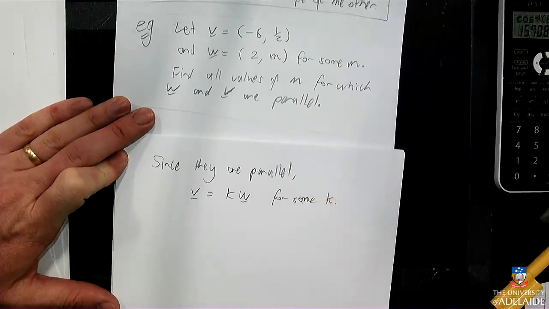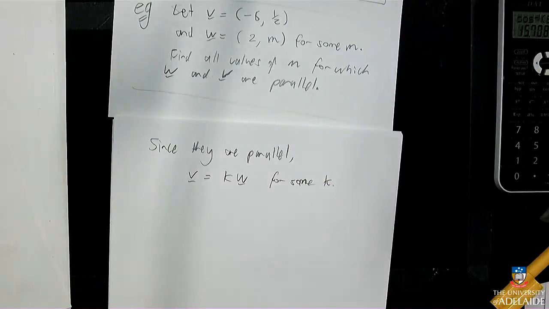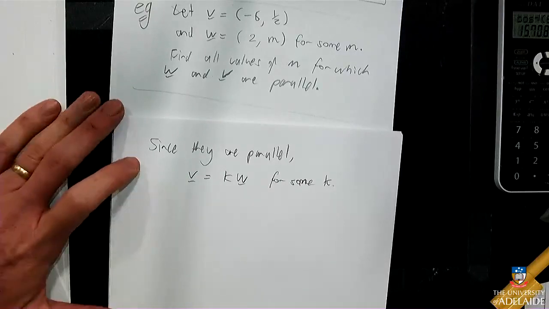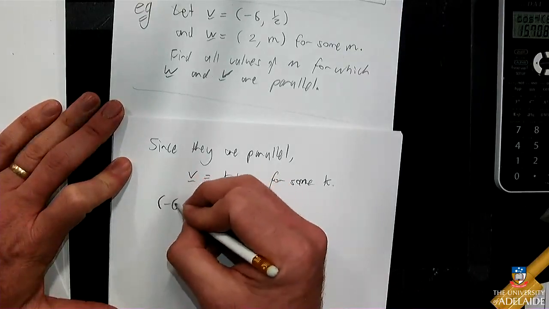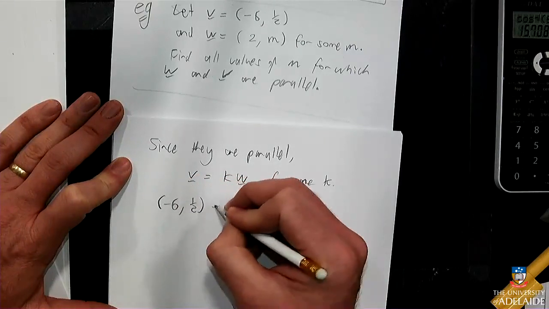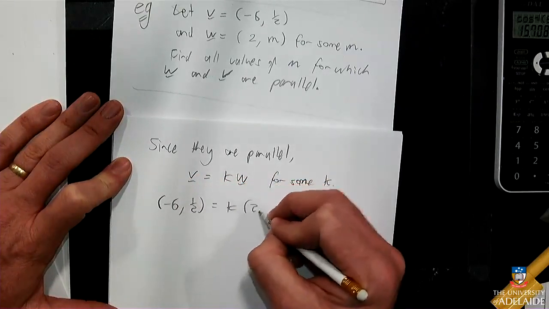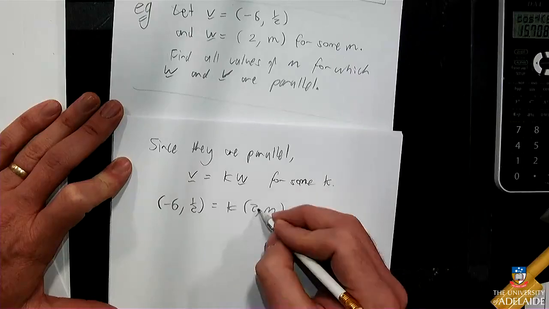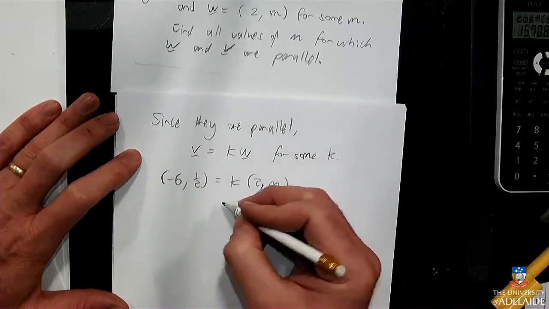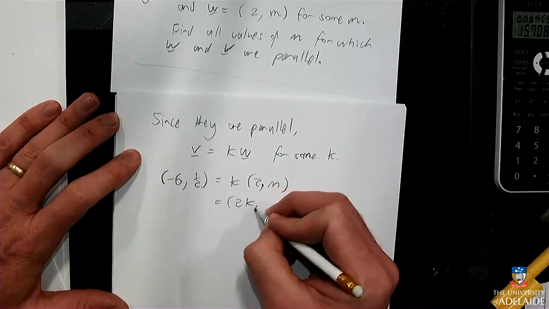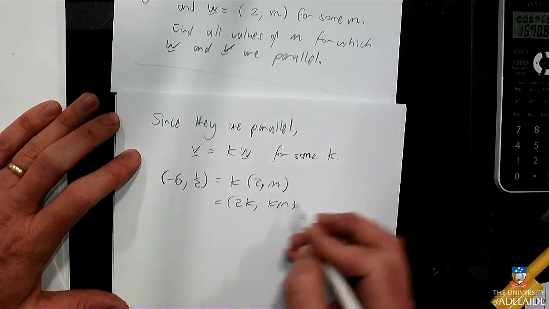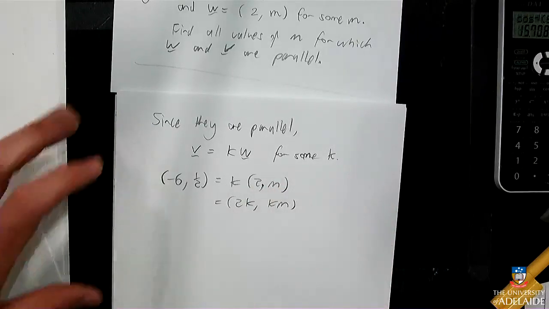That must be true. Okay? So I can start there. And V was (-6, 0.5). And W was (2, m). And that's the same as (2k, km) if I multiply these both by k, because that's how it works.